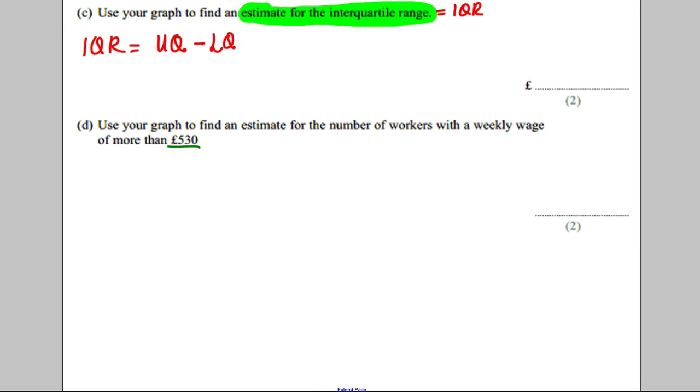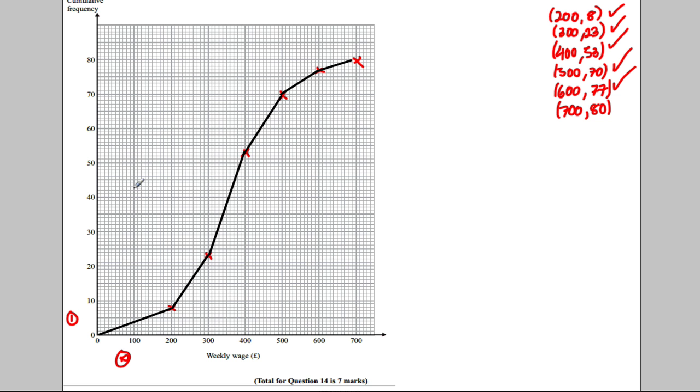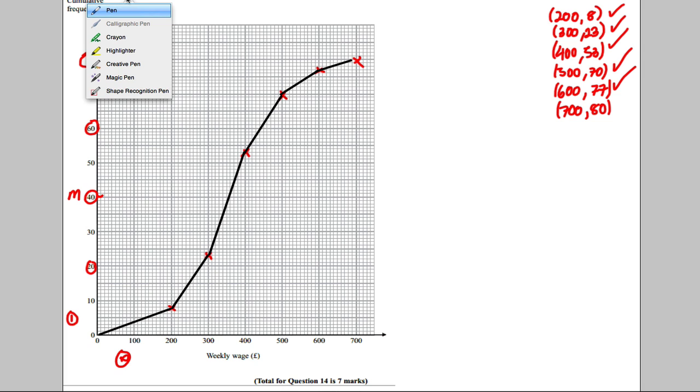So go to our graph. We have to use the graph to get the upper and lower quartile. Now there's 80 people. The median must happen at 40. So what's halfway between the bottom 0 and 40? Well, it's 20. And halfway between 40 and 80 is 60. So they're going to be our lower quartile and our upper quartile.